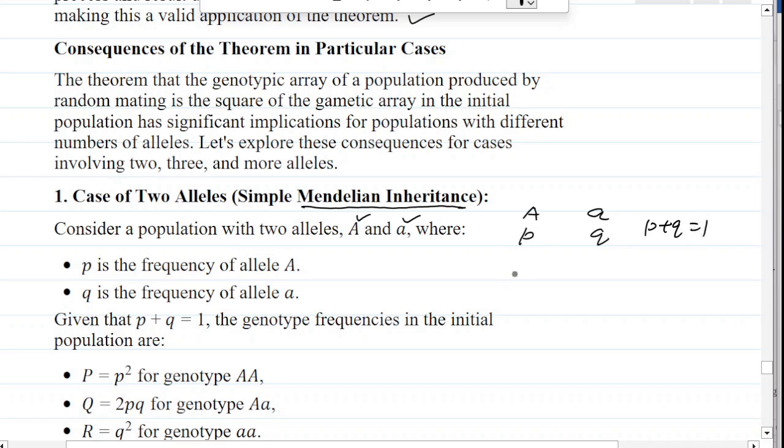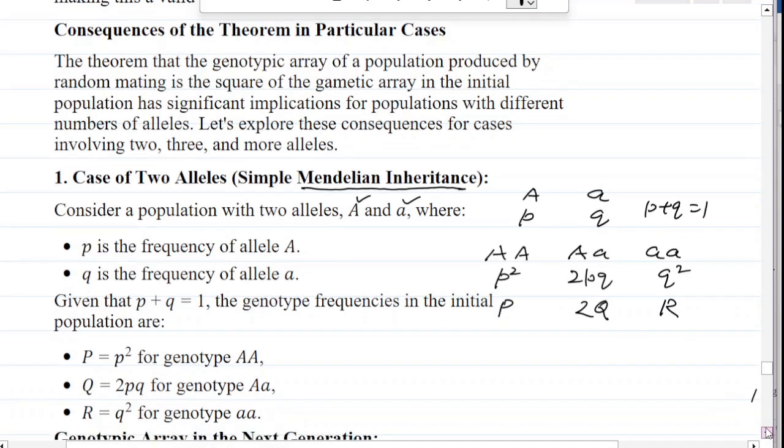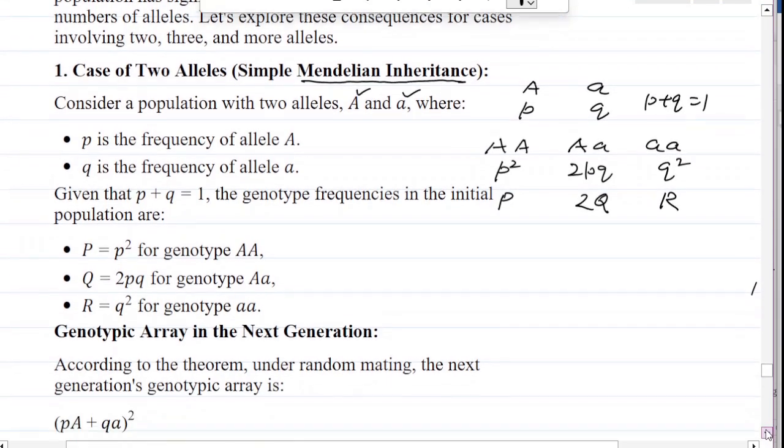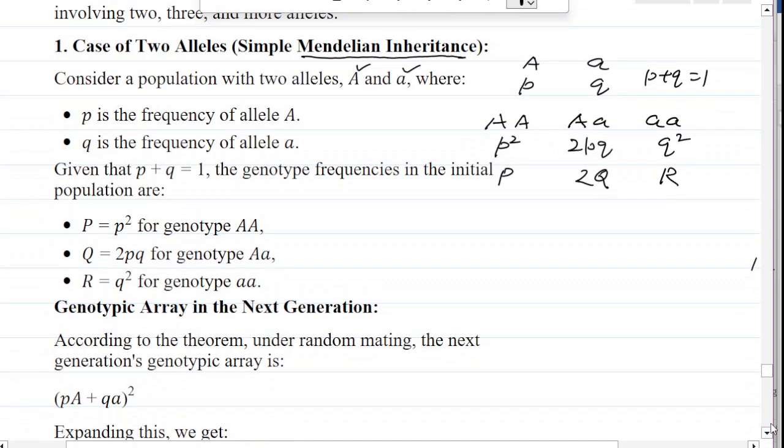Then the genotypic proportion: if random mating takes place, three types of genotypes are produced with proportion say P square, 2PQ and Q square. Suppose this P square is represented by capital P, this is represented by 2Q and this is represented by R, then what will be the genotypic array in the next generation?